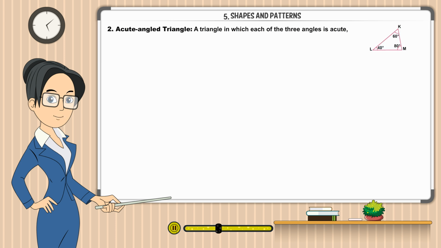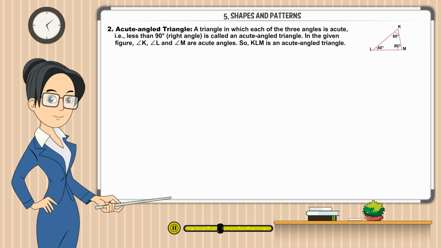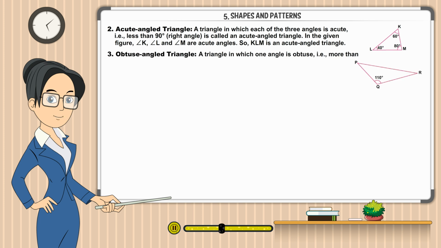Acute angled triangle. A triangle in which each of the three angles is acute, that is less than 90 degrees, is called an acute angled triangle. In the given figure, angle K, angle L, and angle M are acute angles. So, KLM is an acute angled triangle.